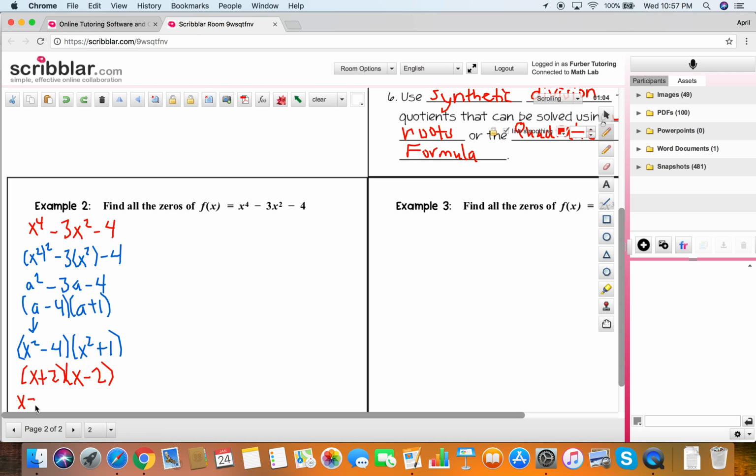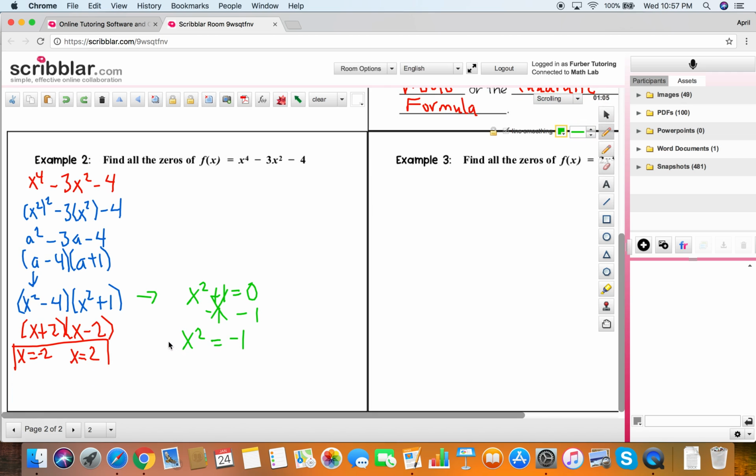And so those 2 solutions would be x equals negative 2 and x equals positive 2. So there's 2 solutions. This one right here is the other one that I have to take care of. And that one we cannot factor, but we can solve with square roots. So I'm going to subtract 1, and I'm going to get that x squared equals negative 1.